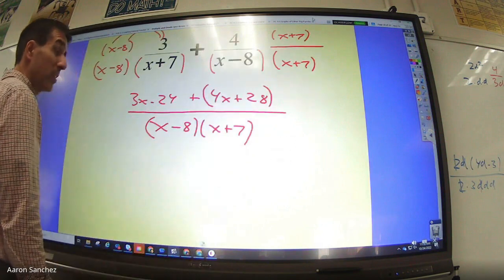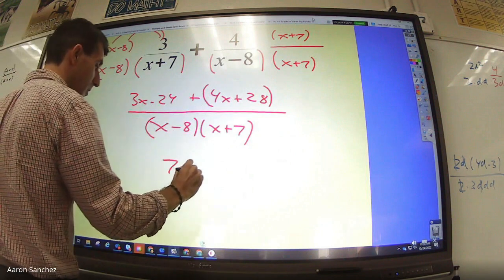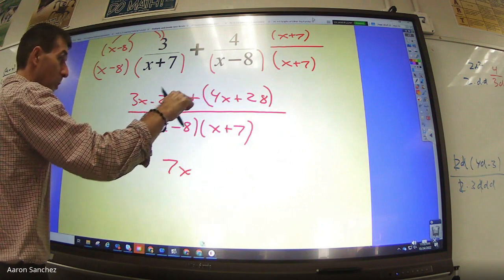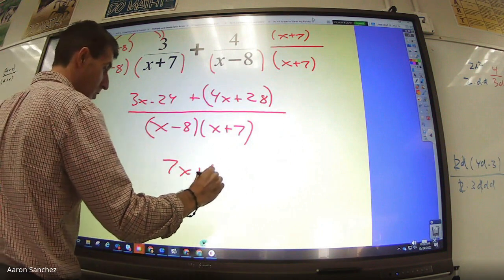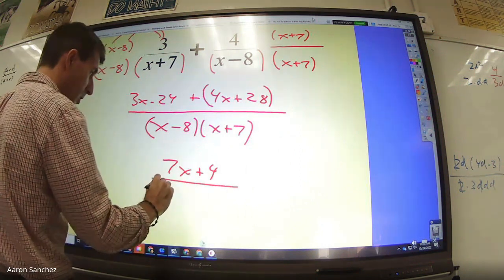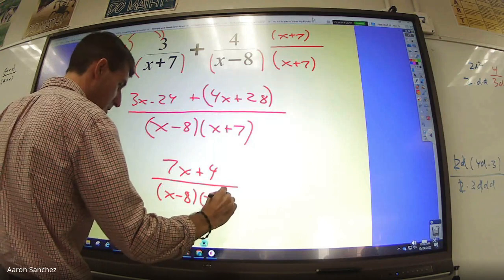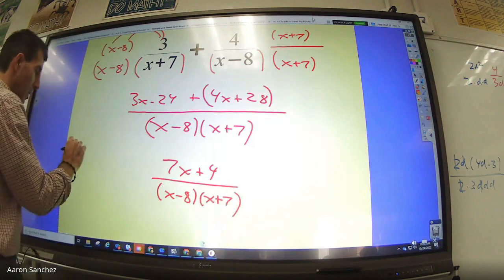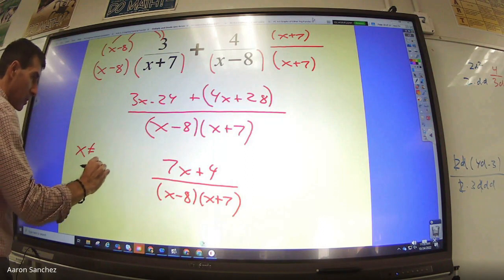Don't need to skip change because it's addition. 3x plus 4x, 7x. Negative 24 plus 28, positive 4 over x minus 8 times x plus 7. X cannot be 8 or negative 7.